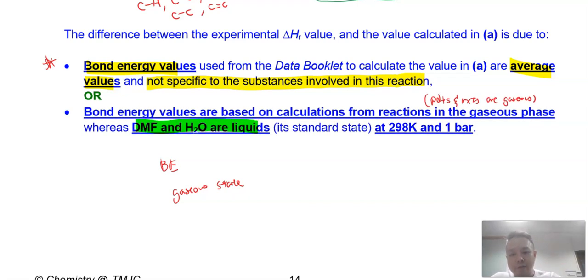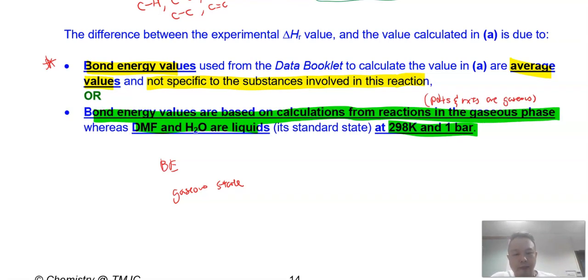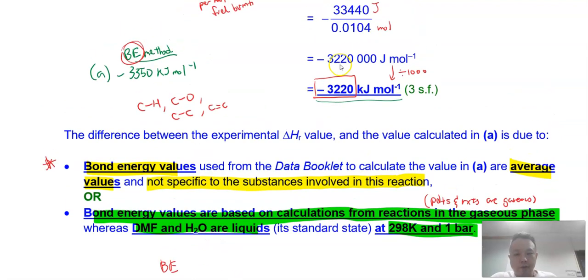So as a result, there's a discrepancy. This discrepancy, other than the bond energy values being average, is also due to the enthalpy change of vaporization of your DMF and water.